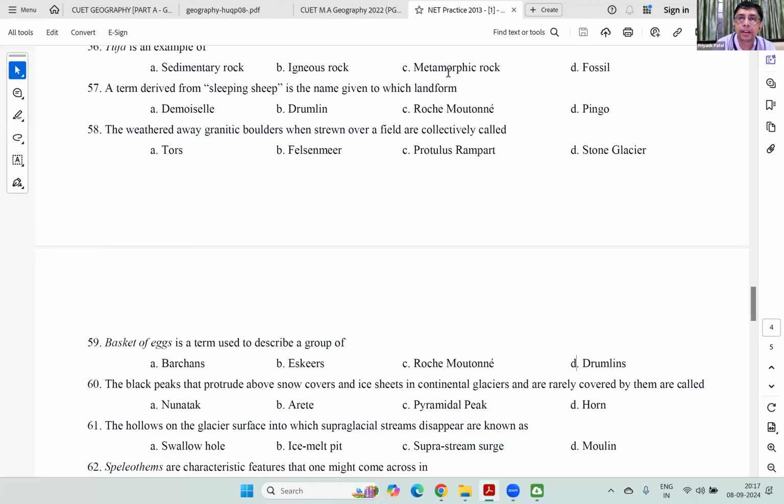Okay, I'll stop sharing. And you realize that there are many different types of MCQ questions that can come up from your geomorphology and geotectonics. We did almost 25 questions only from rivers, and you saw how many diverse kinds of questions can come, or can be made, only from rivers.